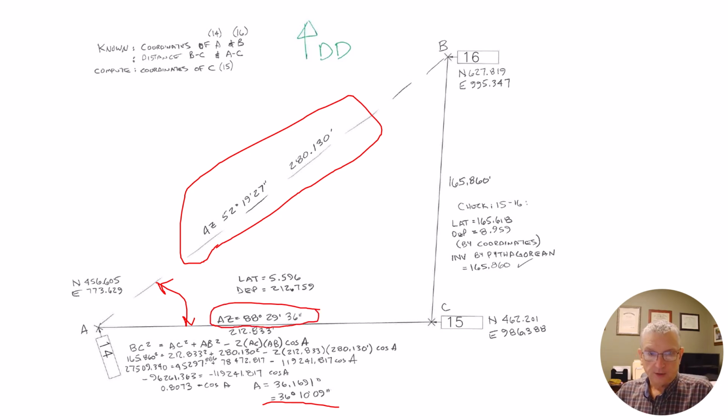So using the azimuth of A to B and the computed angle at A, we have the azimuth now.